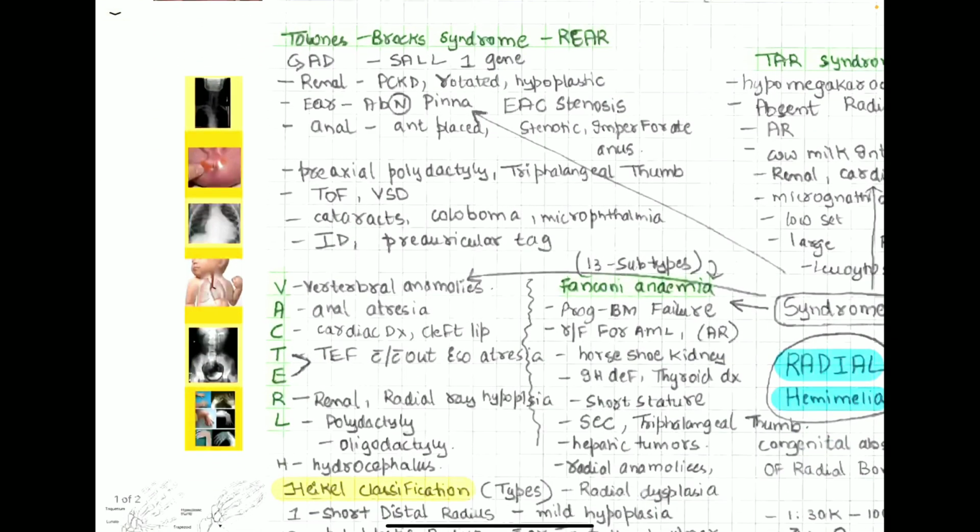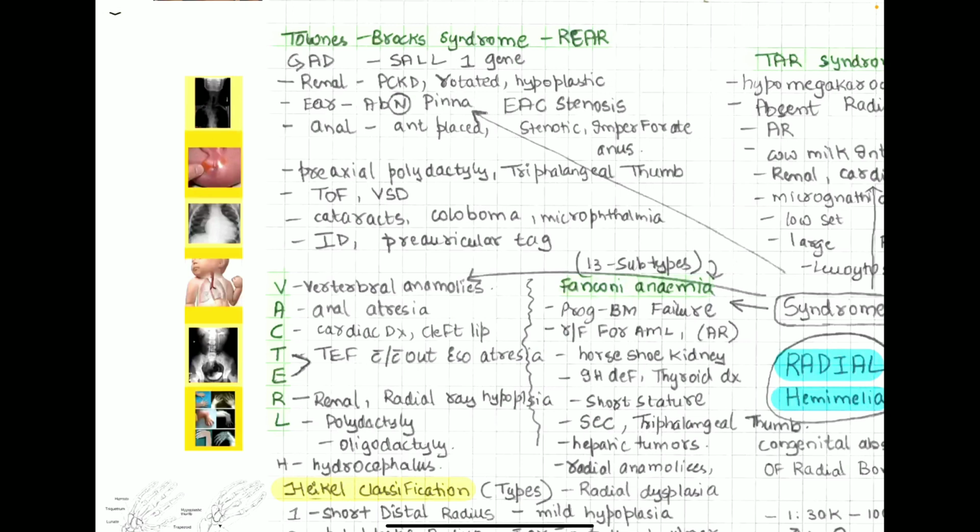Then, regarding treatment, one must look for associated anal malformations where there is an anteriorly placed anal canal opening. There can be a stenotic anal canal and imperforate anus. So surgical correction should be done.